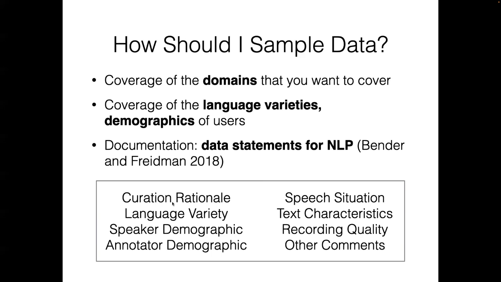So you might want to look at exactly what their rationale was for curating the data. You might want to look at, for instance, the demographics of the annotators. You could imagine that certain annotators might be more familiar with a certain area or less familiar with a certain area. Certain annotators might have certain biases to be aware of, things like that. One good example of this is the preference-based reward model we were talking about in the reinforcement learning lecture.